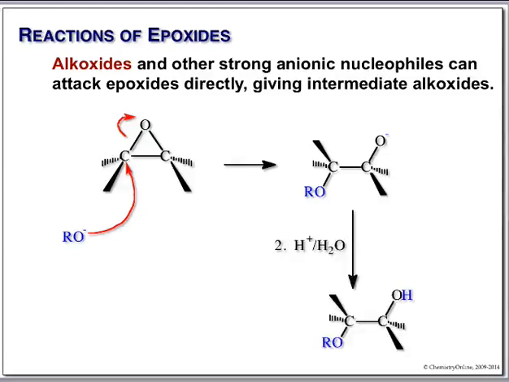Our second step is always to take this mixture, acidify it, and we wind up with the alcohol. So what we've done here is simply add alkoxide to the carbon alpha to the carbon bearing the hydroxyl group.